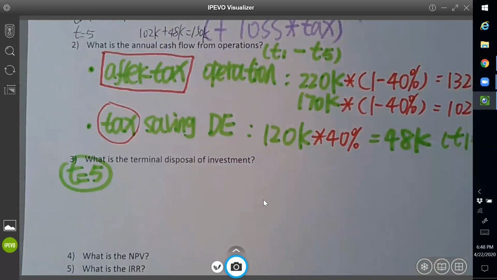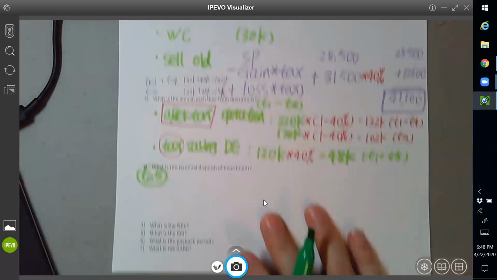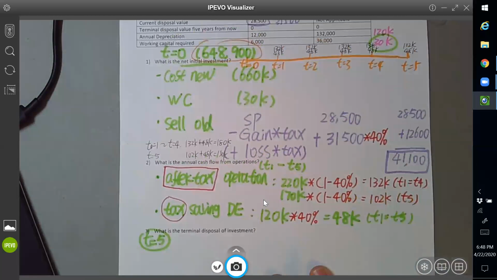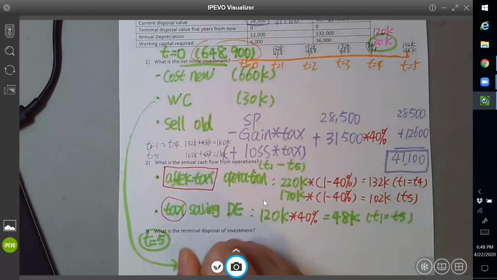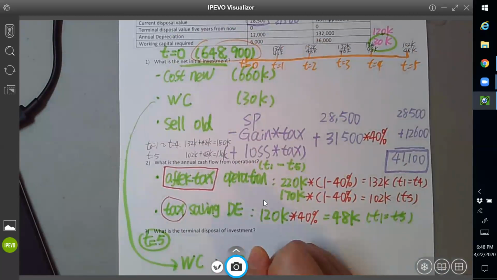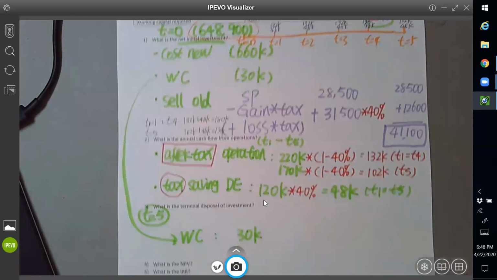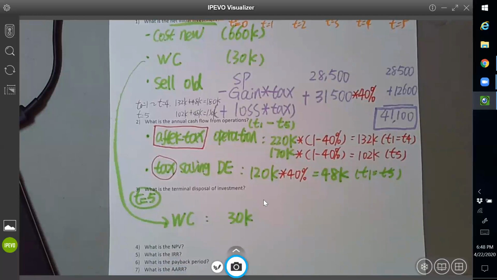You get your working capital back as cash inflow. Remember when we talked about working capital, at the end of the project you liquidate your inventory and get your working capital back, 30,000 as cash inflow.